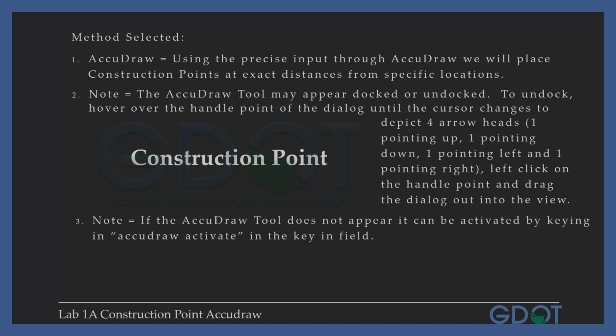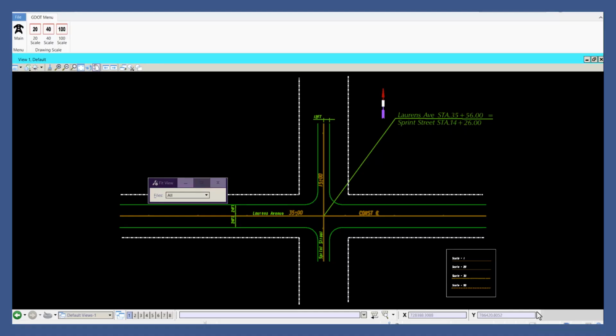If the AccuDraw tool does not appear, it can be activated by keying in AccuDraw Activate in the Key In field. To demonstrate with AccuDraw docked, I'll hover over the handle point until the 4 arrowheads appear, left-click on the handle point, and drag it out into the view.